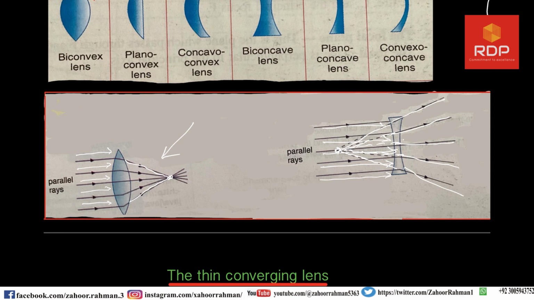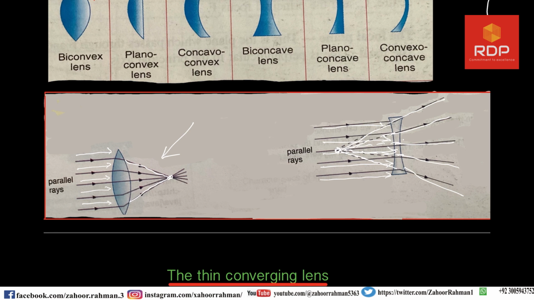And there are other categories of people who are not able to see the things which are very close to them. So for one type of eyesight weakness, a diverging lens, and for the other type, a converging lens is used.